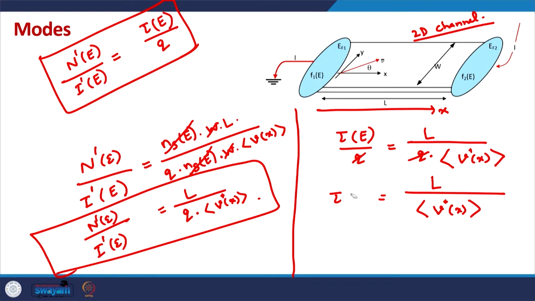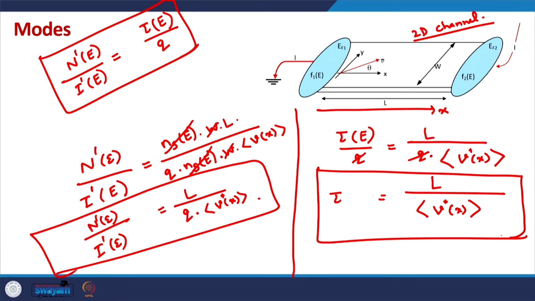We can leave this parameter E, and now this is the expression that we obtained for the transit time, or for the characteristic time of the device.